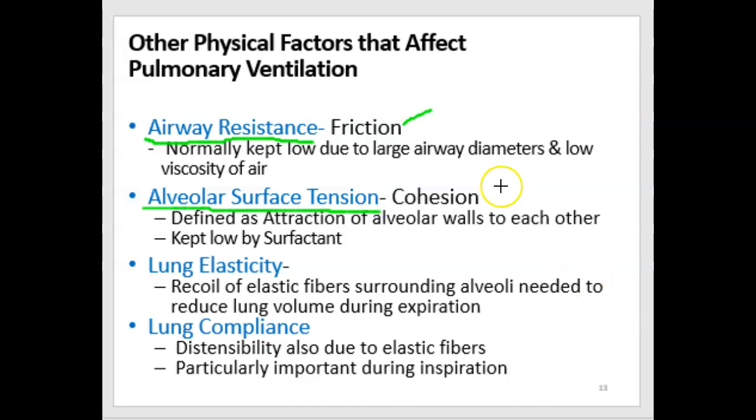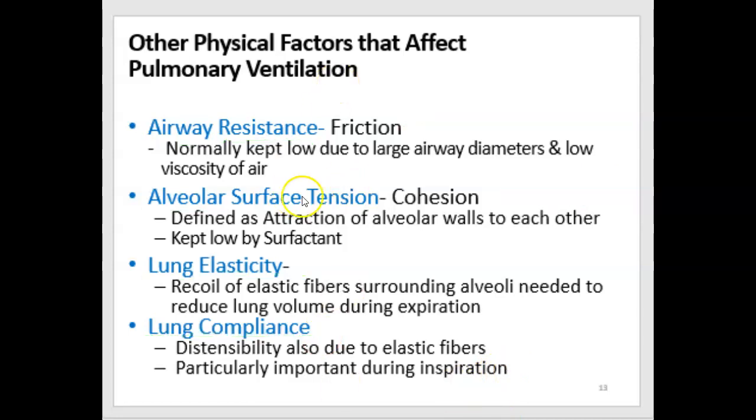That's a little bit more complicated, but it has to do with the fact that alveoli tend to want to collapse unless surfactant is present. And then the third factor is the elasticity of lungs, which we know is really important during exhalation, and lung compliance, which I guess is also due to the elastic fibers, but it's the opposite force, that is distensibility or expansion of the lung, and that's important during inspiration.